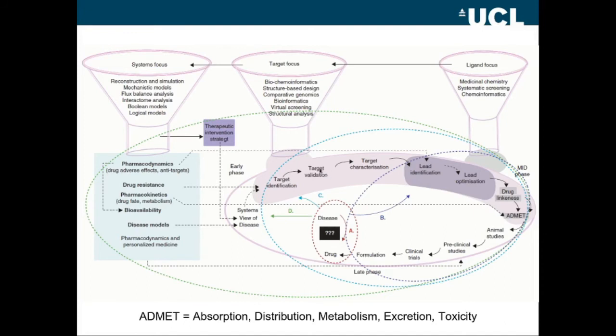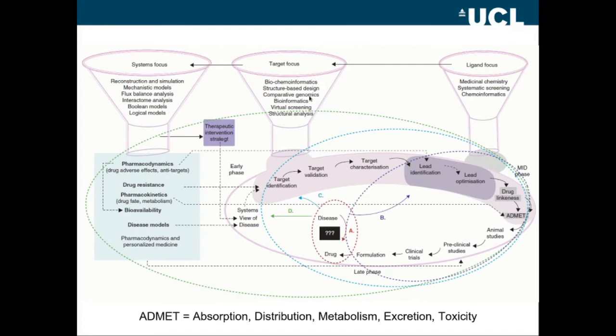We can do that with knockouts and knock-ins and so on. We characterize it in detail, and we then go into the ligand part. We identify a lead, we go through lead optimization and so on, eventually through clinical trials, formulation, and we produce a drug. Now, this is where we're starting to introduce this target-based focus.